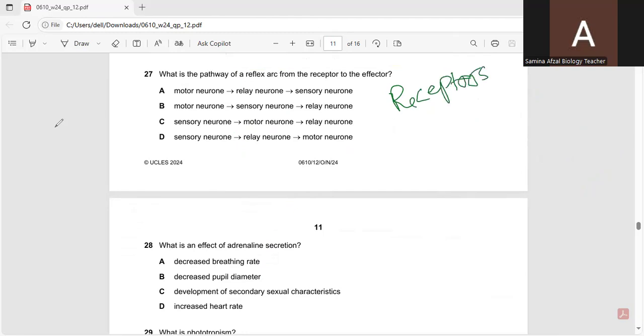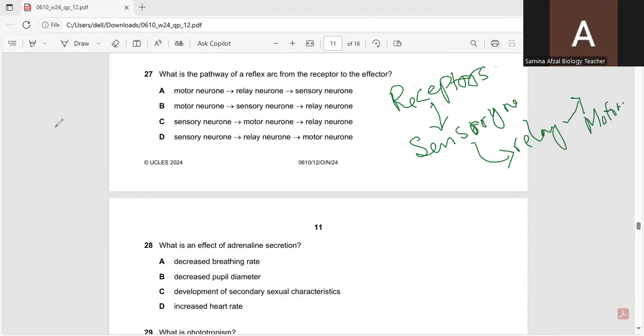Receptors are our sense organs. So from receptors, the message will go by sensory neuron to relay neuron, and relay neuron to motor neuron.